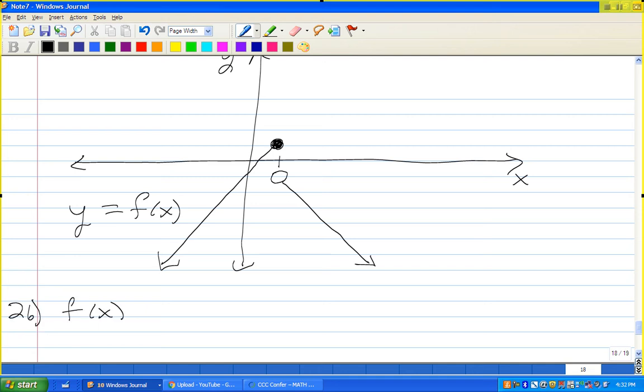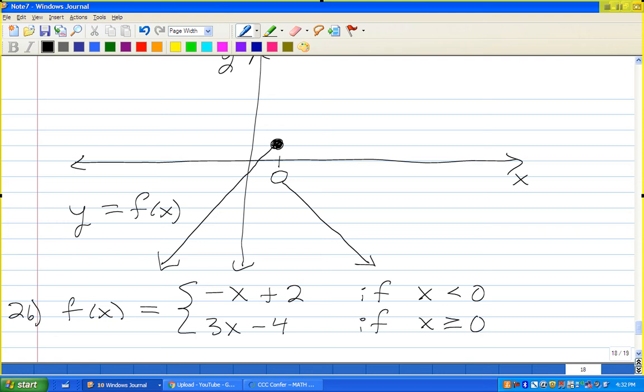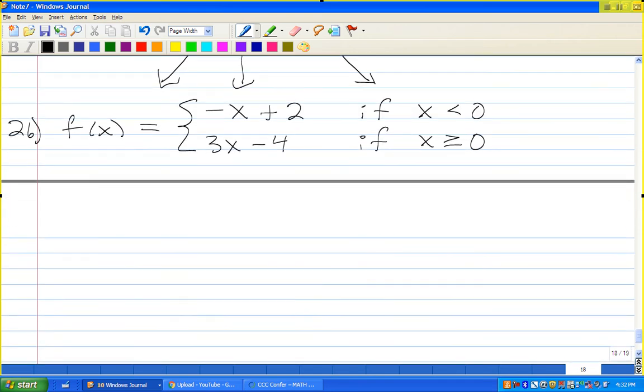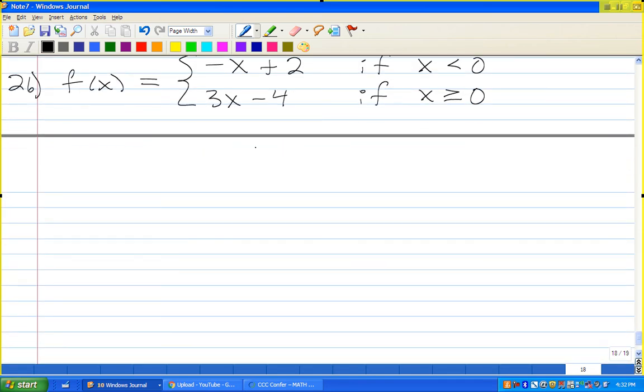F of x is equal to negative x plus 2 if x is less than 0, and 3x minus 4 if x is greater than or equal to 0. Okay, so let's sketch a graph of this.